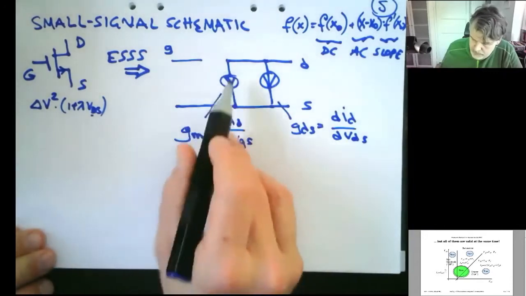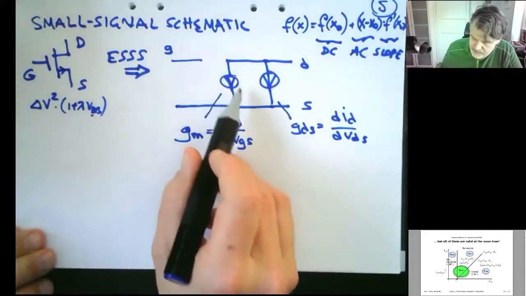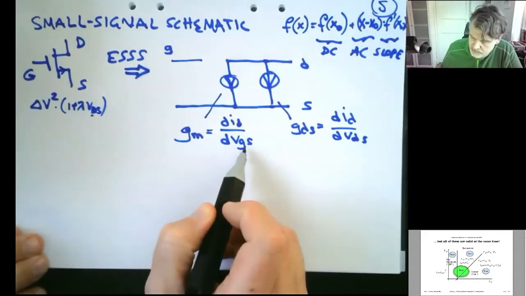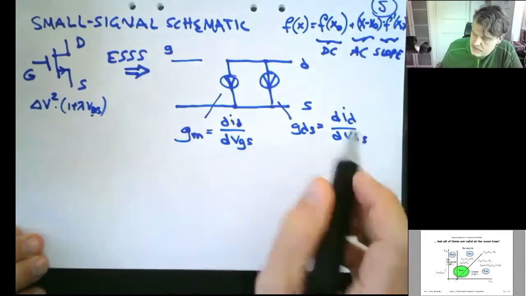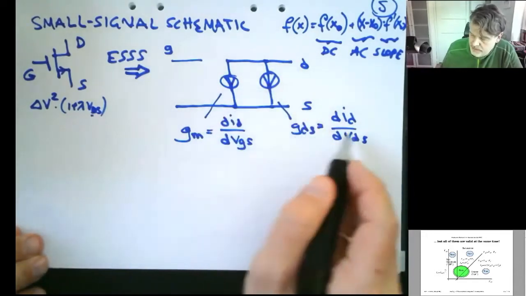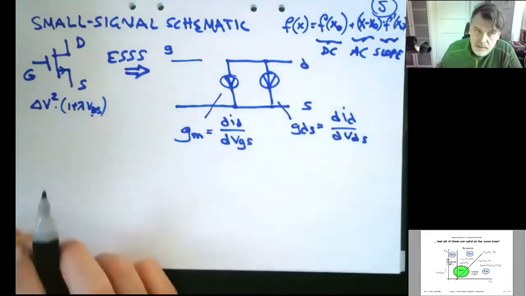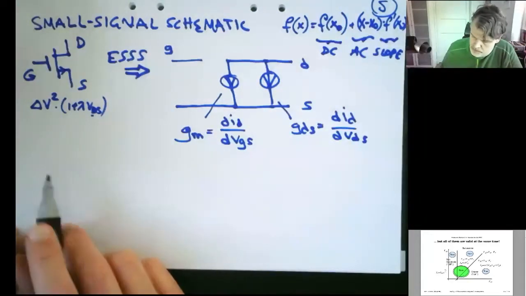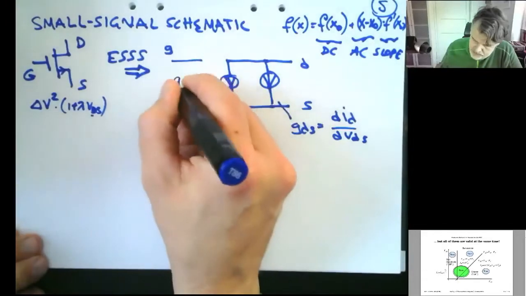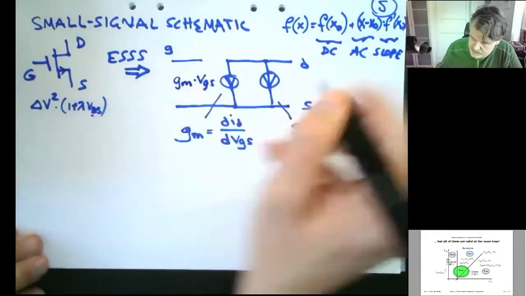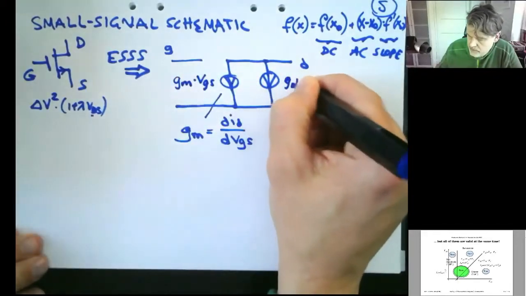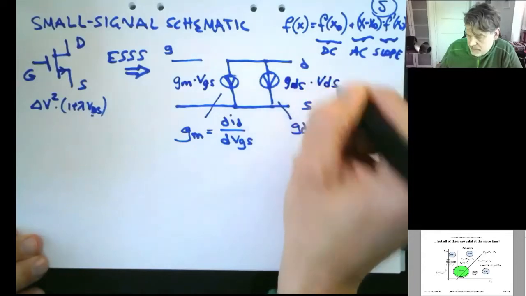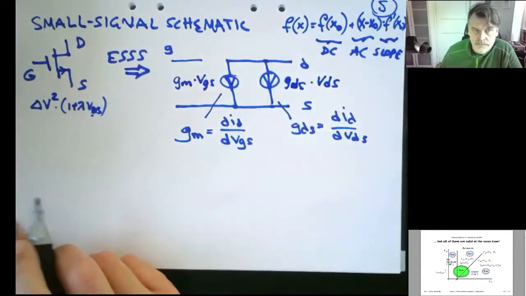It defines the linearized amplification of the input voltage, and this is the linearized gain of the current with respect to the output voltage. So here we have gm times VGS, and here we have gds times VDS at the output.